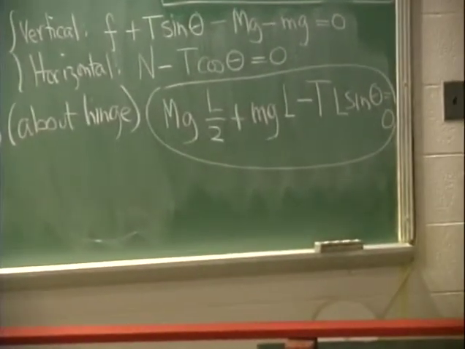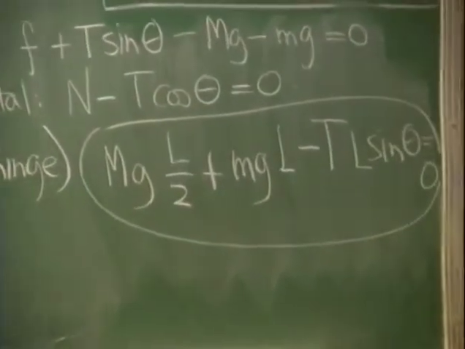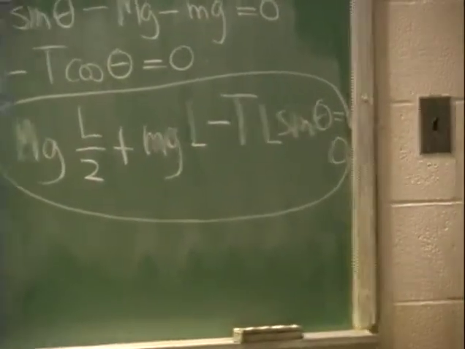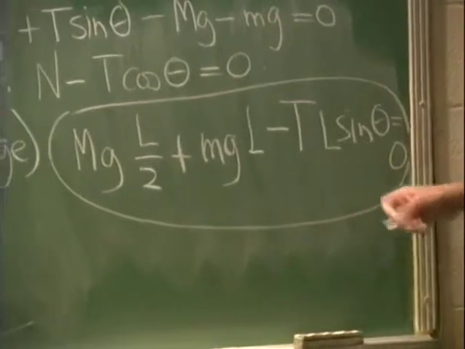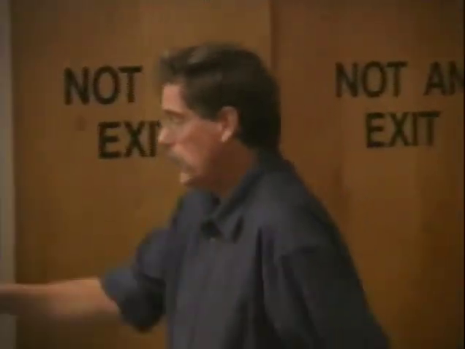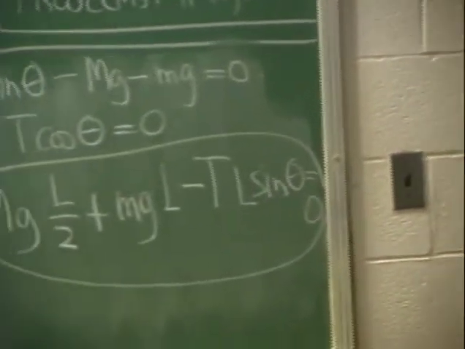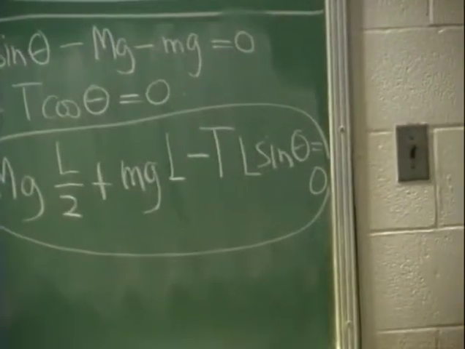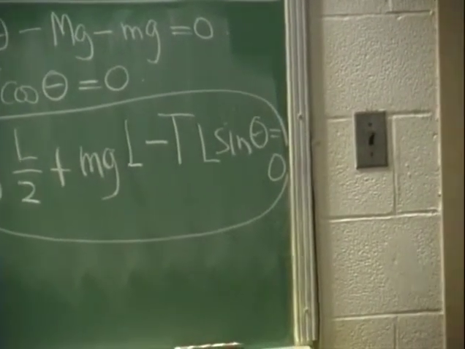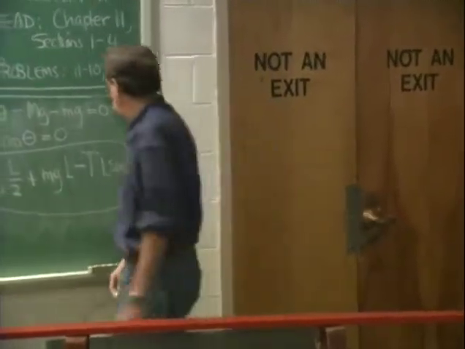This is very typically the case, that if you've chosen a good point to analyze your torques about, then you never even need the force equation. That happened in the previous problem also. Not always. Sometimes you inevitably have to use both of them. But very often you could get away with just using the torque equation. So personally, I always analyze the torque equation first, because experience tells me that that may well give me the answer all by itself. So what do I need to do here?